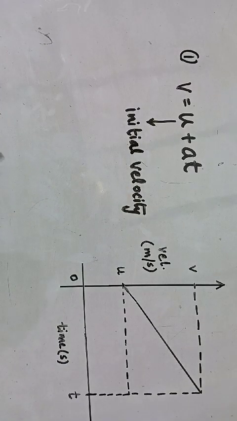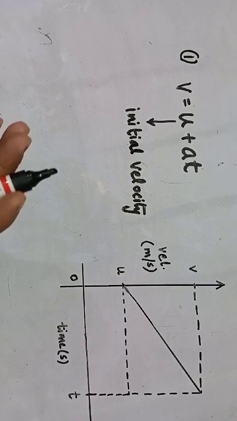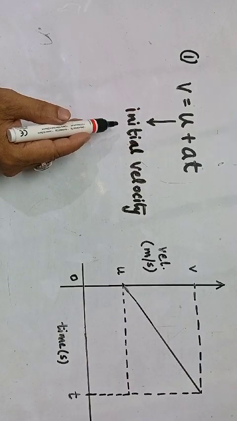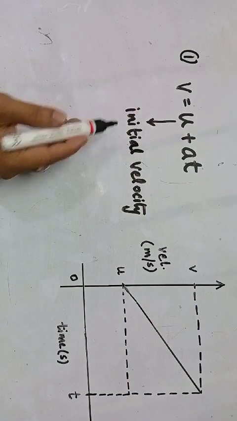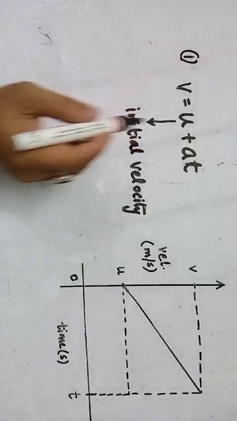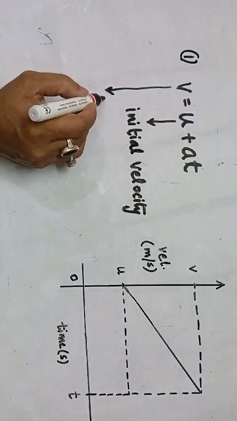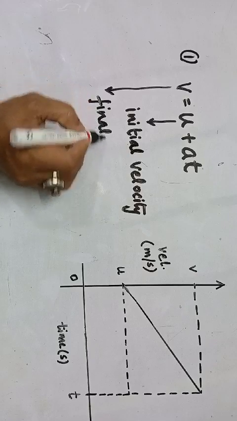This initial velocity may be zero if the body is starting from rest, or if you are considering a part of a motion while the body is already in motion, you can have a particular finite value of u which is not zero. In any case u means initial velocity, and v is the final velocity.